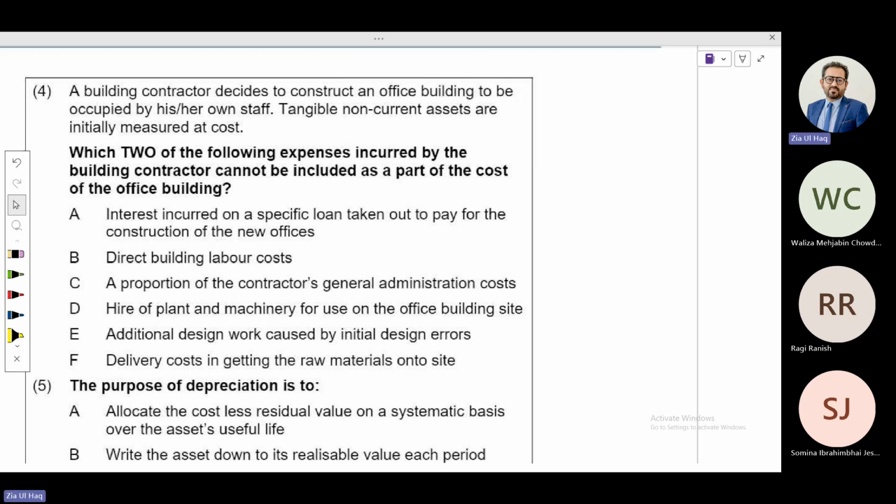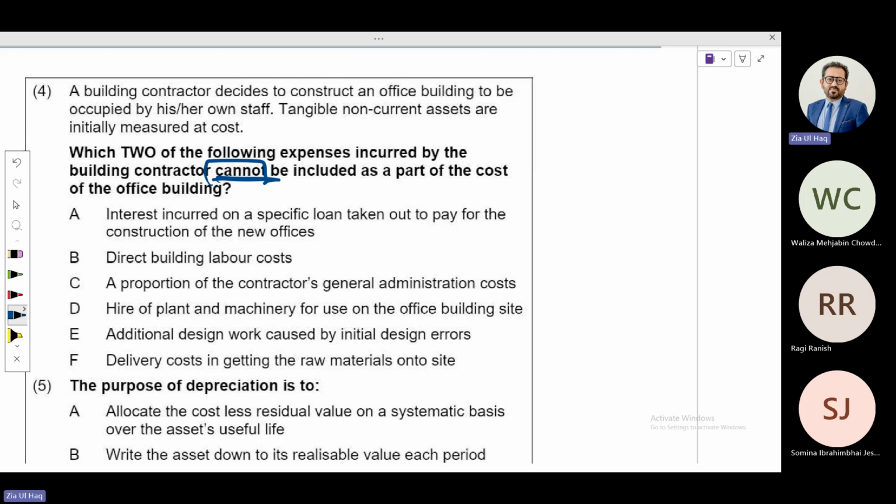They want to use the building for business purposes. Tangible non-current assets are initially measured at cost. Which two of the following expenses incurred by the building contractor cannot be included as part of the cost of the office building? Which cost should not be capitalized?